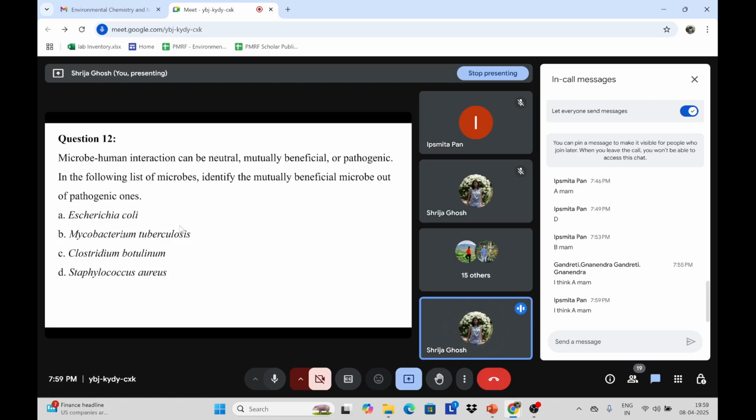Okay, I have one answer, says option A, that is Escherichia coli. What about others? Everybody write your answers.